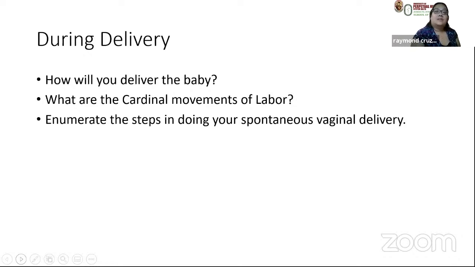What are the cardinal movements of labor? Doc, engagement.